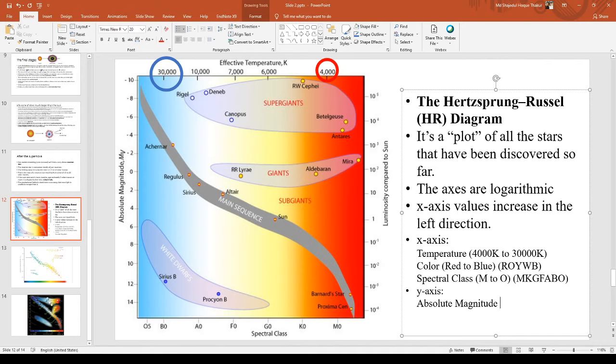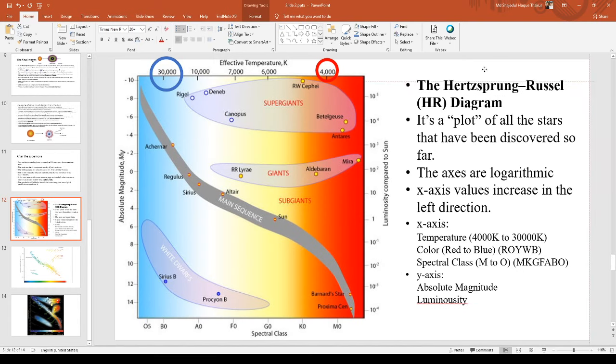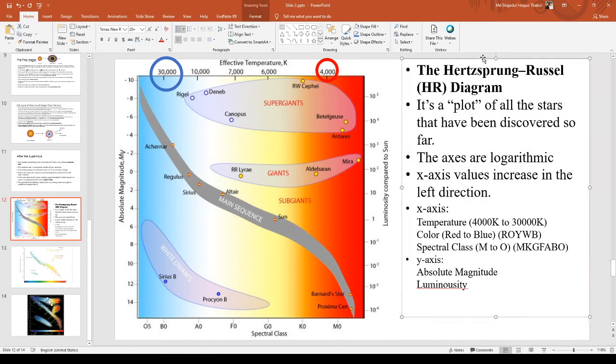Or the y-axis can be luminosity. But it is a special type of luminosity. It's called luminosity compared to sun.